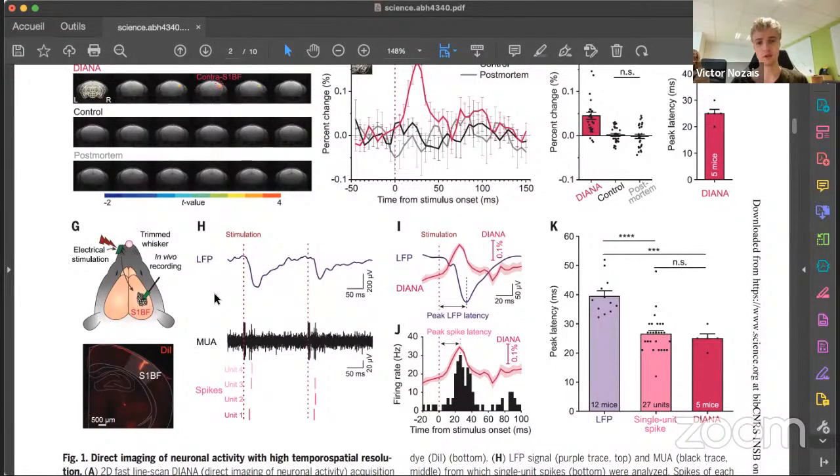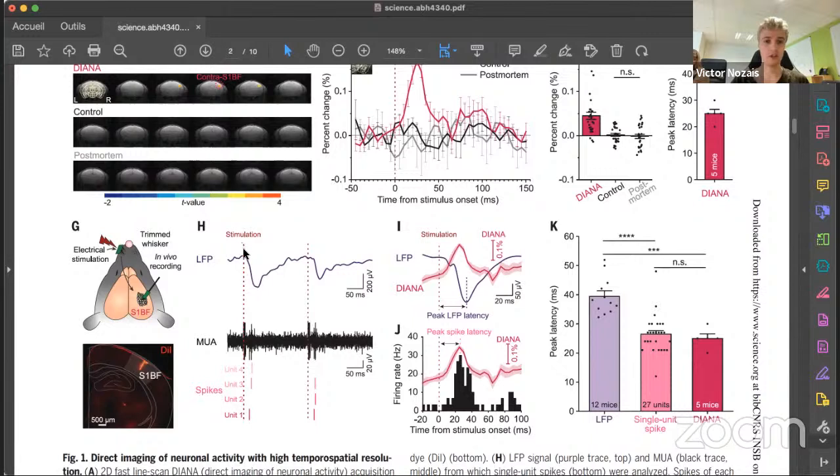So one was with fluorescence, and one was direct single unit recording with electrodes.